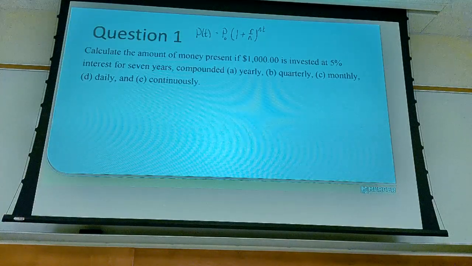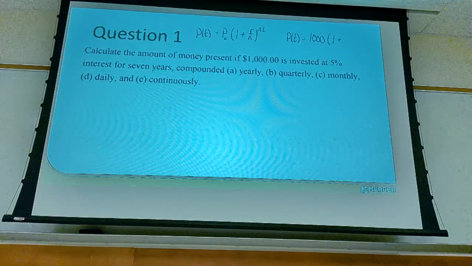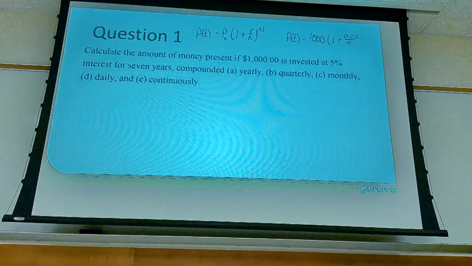Using the information given, P of t is $1,000 times 1 plus, what's r? 0.05. n is what's going to be changing in this case, raised to the n times t. Actually, I should write this not as a function of time but as a function of n, because our time is being fixed at 7 years for this entire problem.